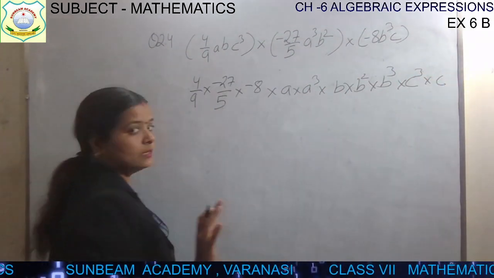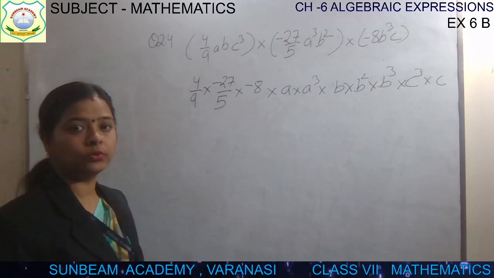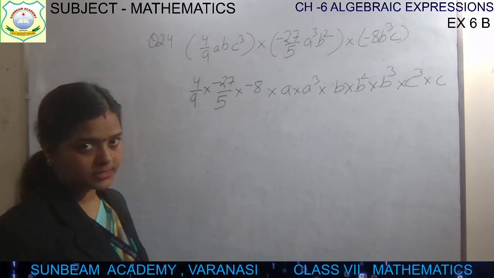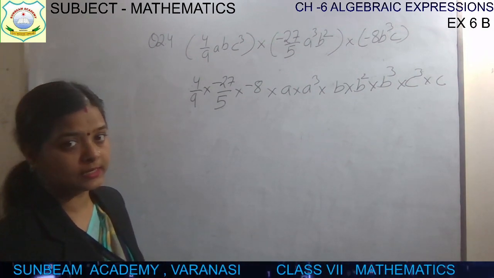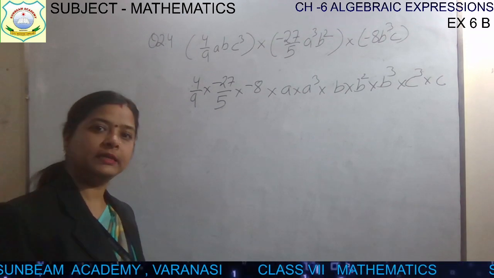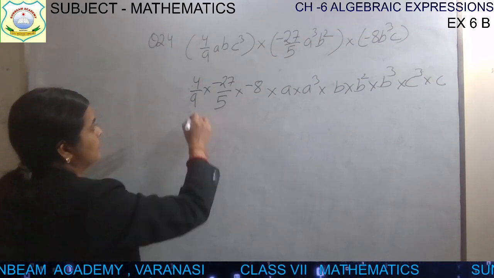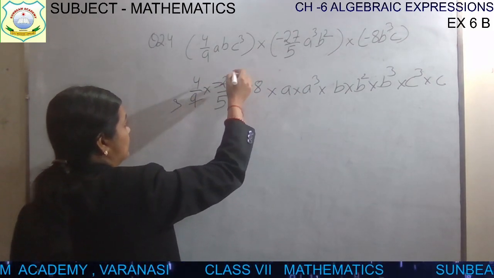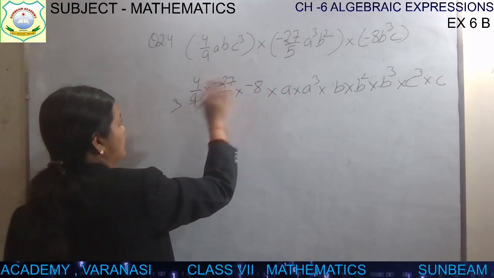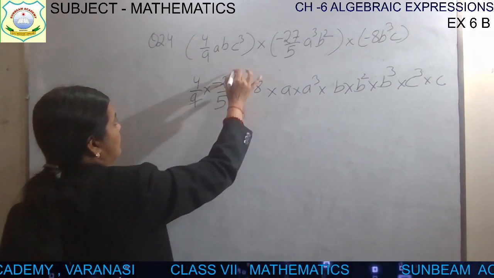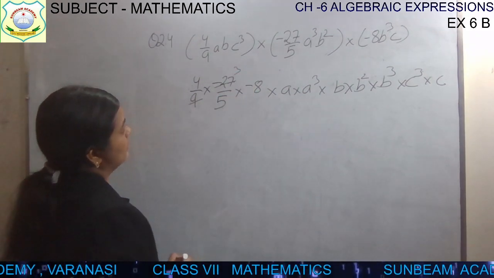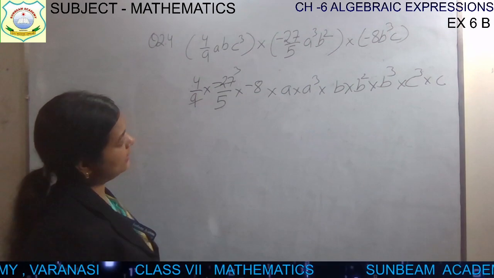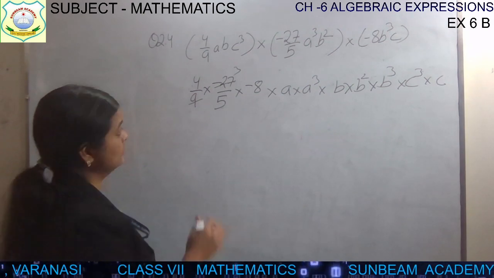So these are the total variables and numbers which we have placed side by side so that we can multiply them.